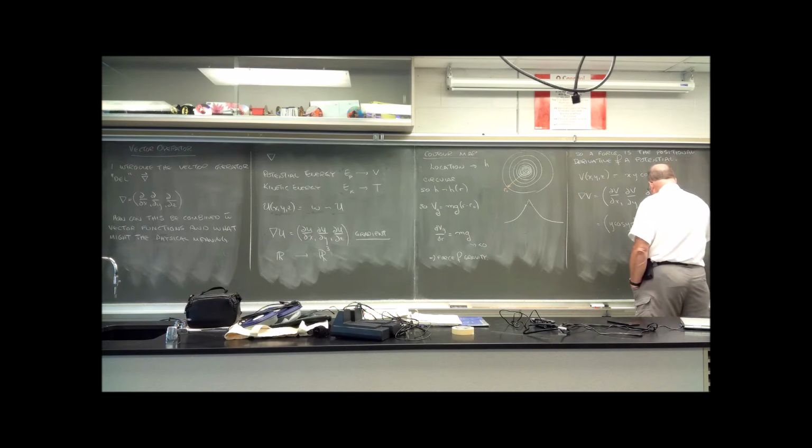So we're going to have x e to the z, and then we would have negative sine y, plus cos y. Okay?